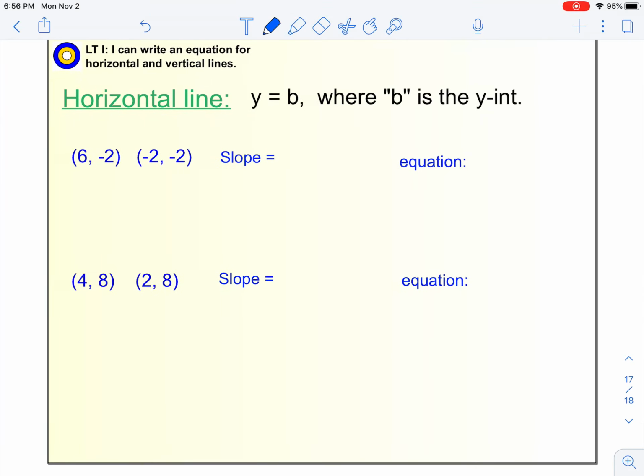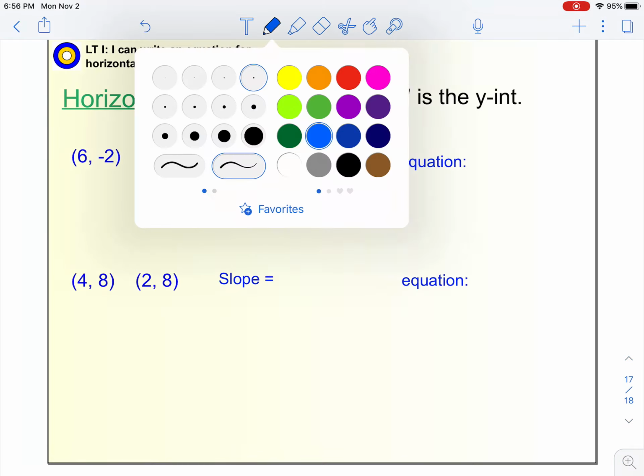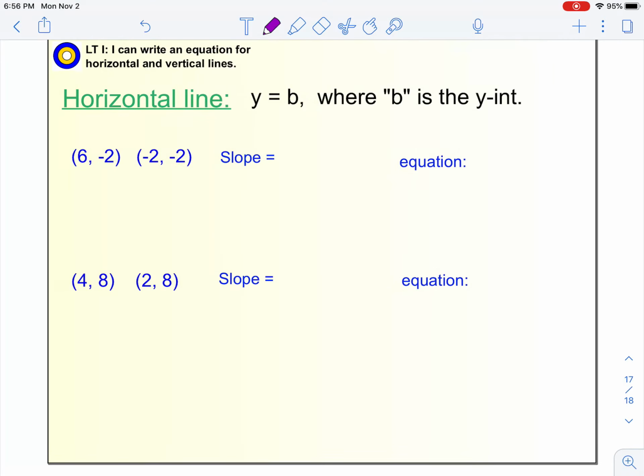So those are our horizontal and vertical lines. That's when we have a graph. So what do we do? How do we know if it's a horizontal or vertical line when we don't have a picture? Well, of course we could graph it, or we could take a look at the slope.